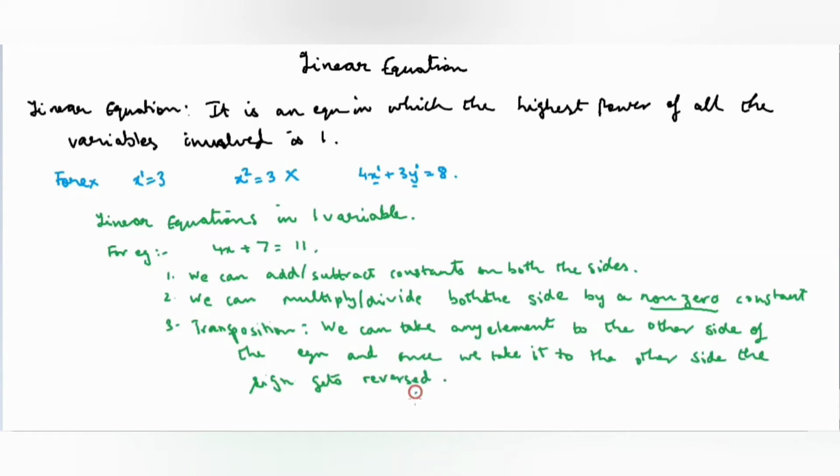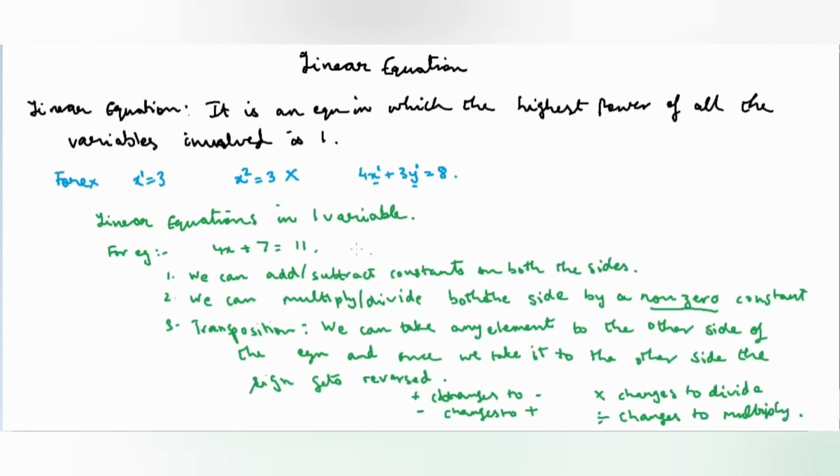This implies plus changes to minus, minus changes to plus, multiply changes to divide, and vice versa, divide changes to multiply. We will be understanding all this through examples. The first example which we take is this. I will be explaining all these rules through examples.